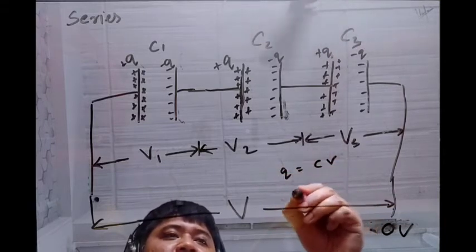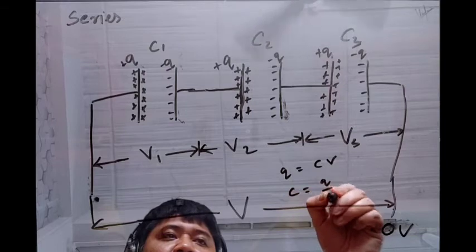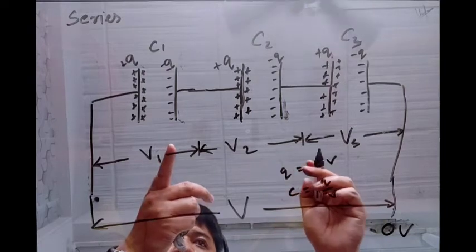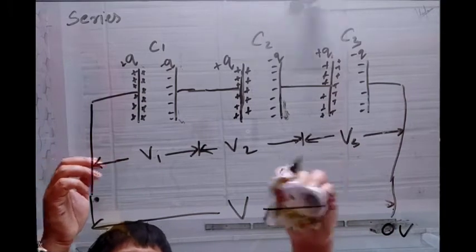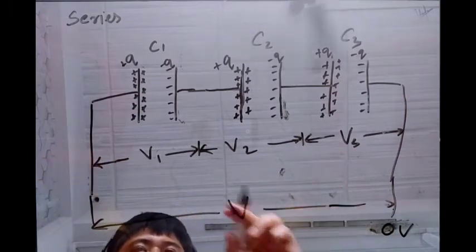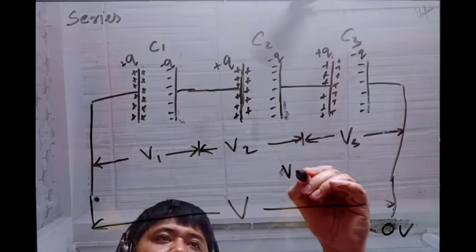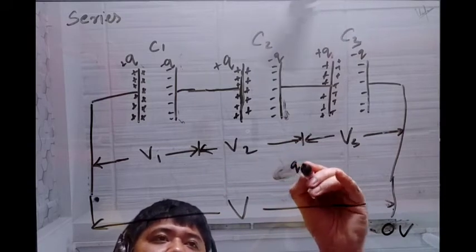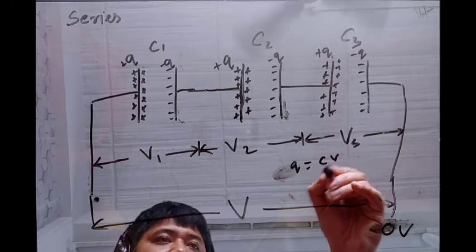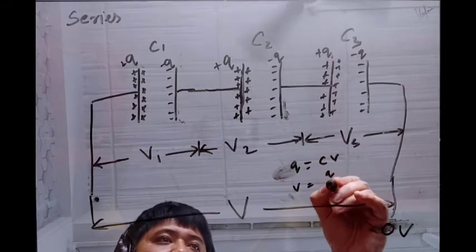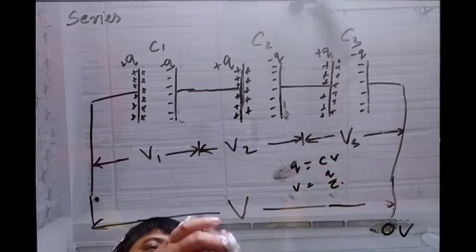From this formula, we have C equals Q by V. C1 will be Q1 by V1. We have V equals V1 plus V2 plus V3. And V equals Q by C. We have this formula.